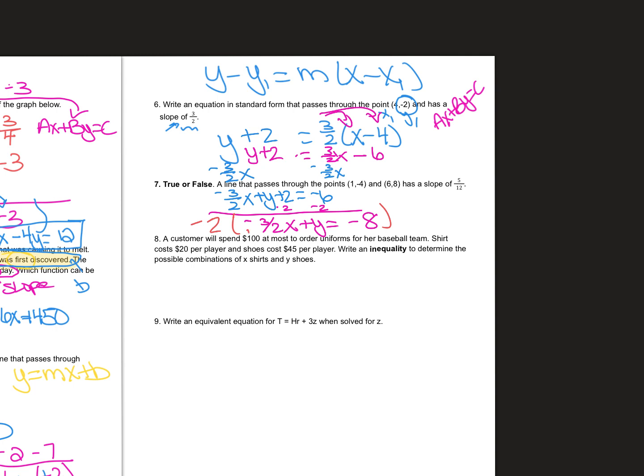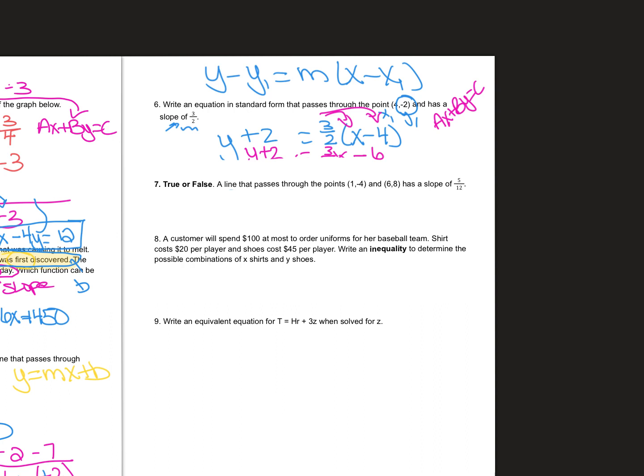Sorry, number 8, we're just going to bring it down here. I have -2 times -3/2 is positive 3x. Then -2 times a positive y is -2y. And -2 times -8 is positive 16. So now I am in standard form.